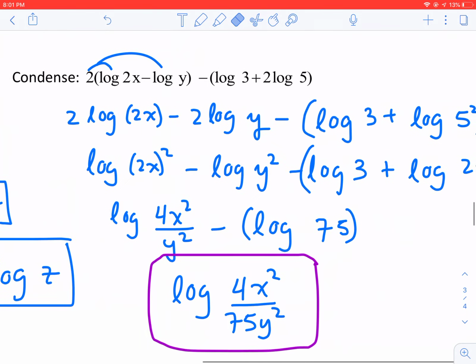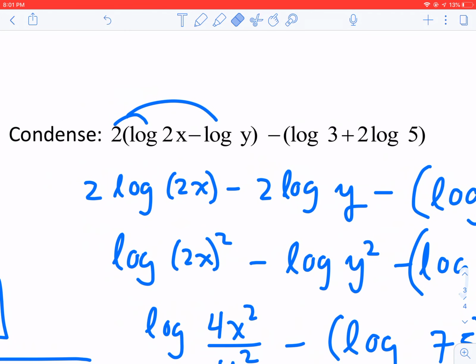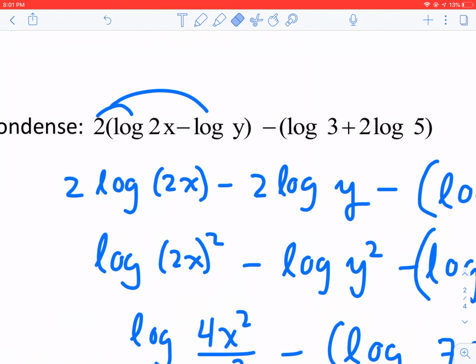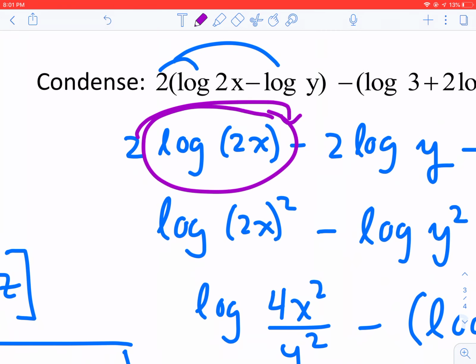For this one, which we're condensing, you cannot just bring the 2 over here and make this squared. That is not the rule. If you look at the rule, you'll see that is not what is going on. The rule says when you have 2 in front of a single log, you can make that the exponent.